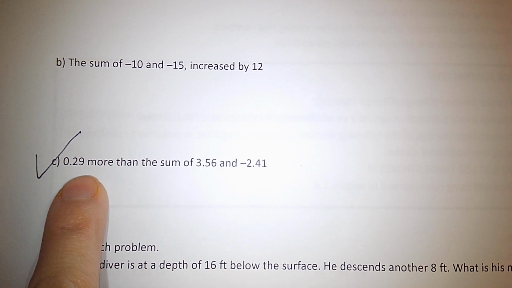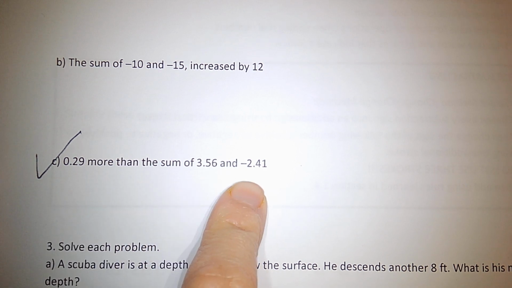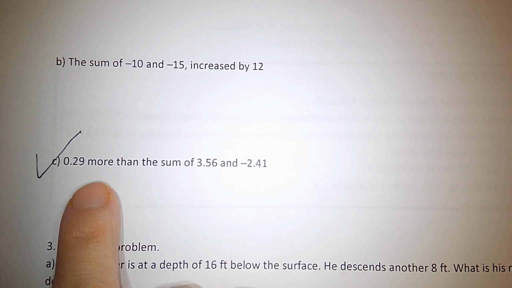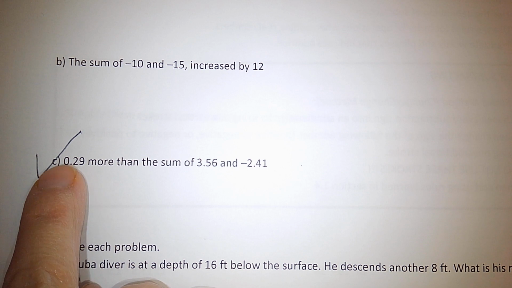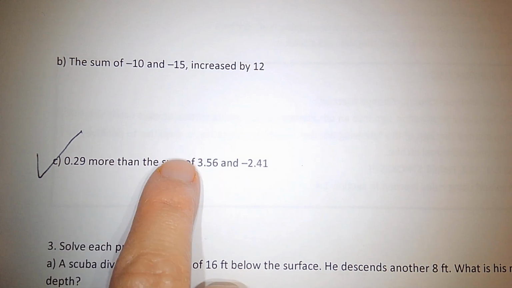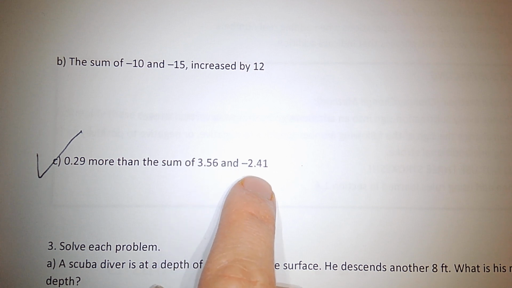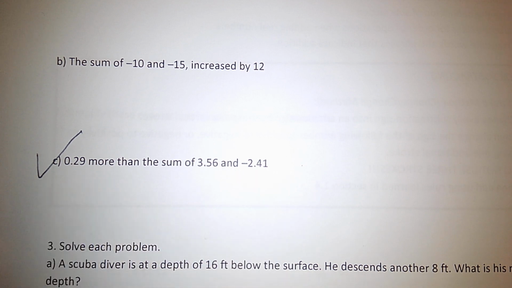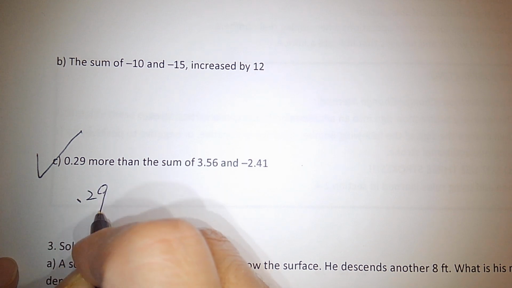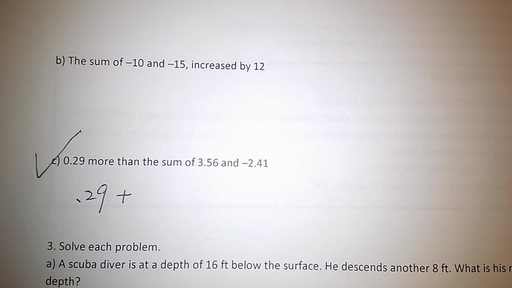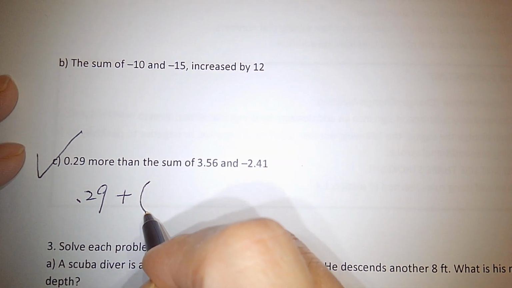Write a numerical expression for this phrase and simplify the expression. What is 0.29 more than the sum of 3.56 and negative 2.41? 0.29 more than. What does more than mean? Adding or subtracting? Adding, right? More, add. More than what? Sum.